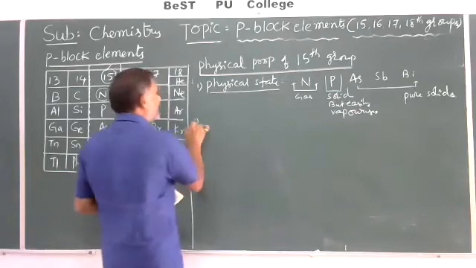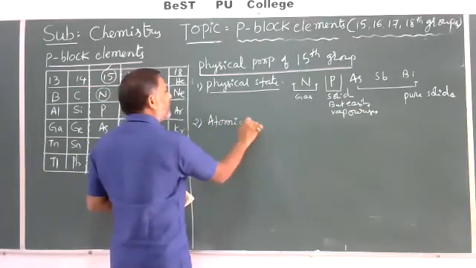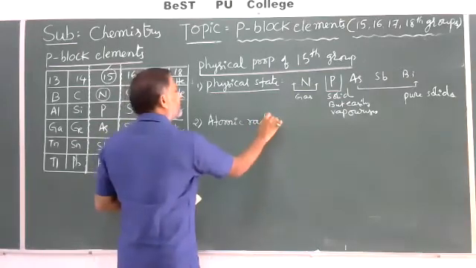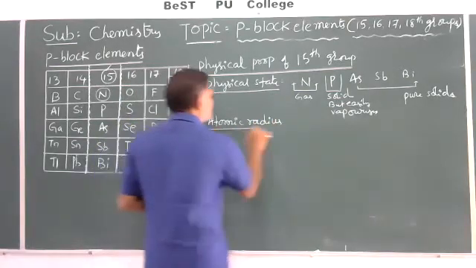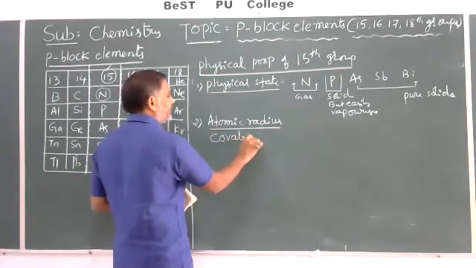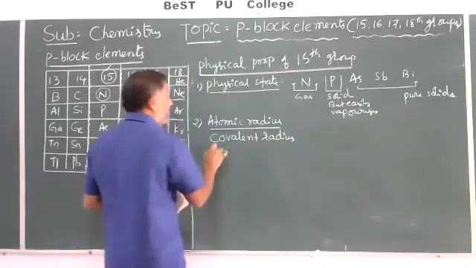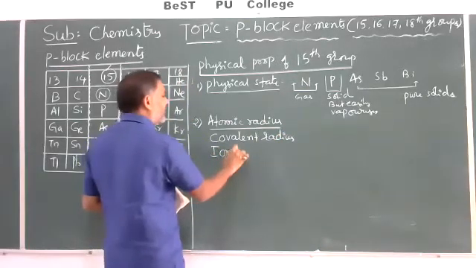Then, second thing is your atomic radius. In that atomic radius, we can use covalent radius and your ionic radius.